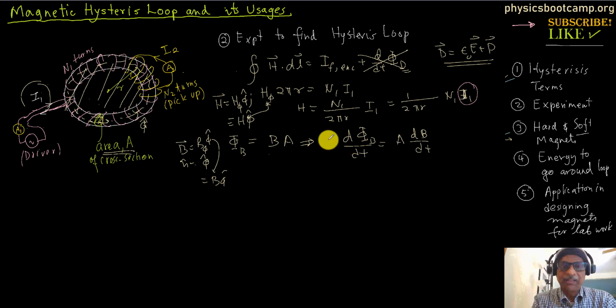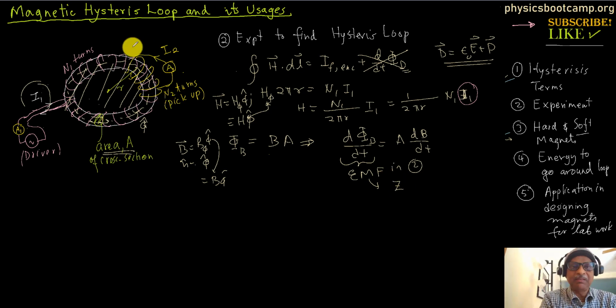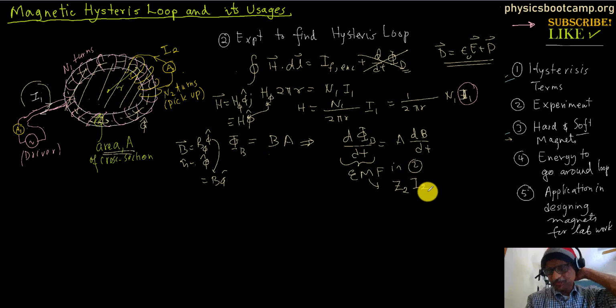But this will create a current in here. So this will create an EMF in circuit 2, and that will be whatever the impedance of circuit 2 is times the current in 2. It may be a little bit out of phase, but we're going to ignore all the little detailed complications.